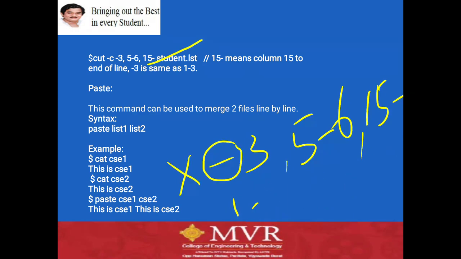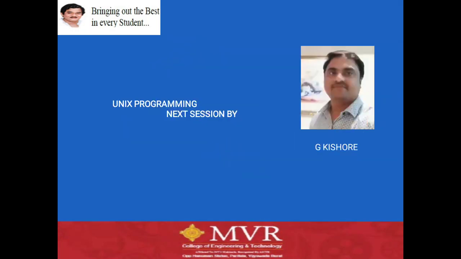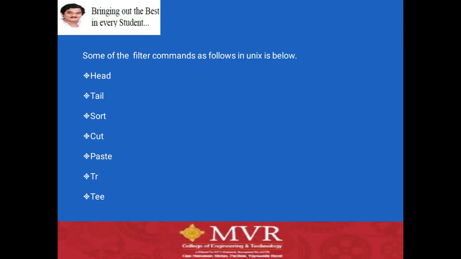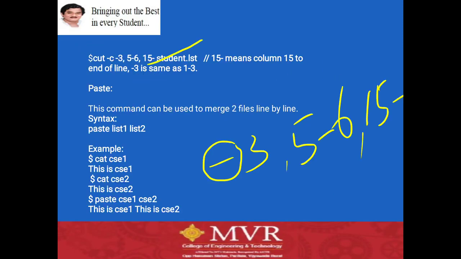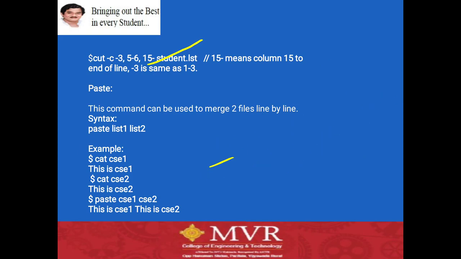Then the next command is the paste command. It is a very simple command. The paste command is generally used to combine two files, simple as that. The syntax for the paste command is paste file1 file2. Here see the example. For file 1, I have created a file with the name CSE1, and that file contains some content like this is CSE1. Similarly I have created another file CSE2, and that file contains this is CSE2.